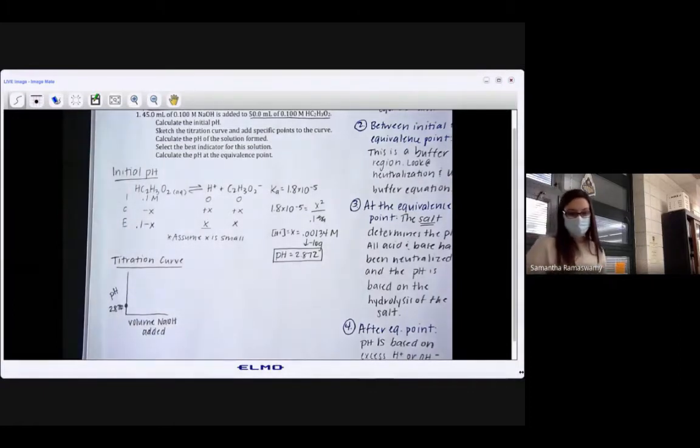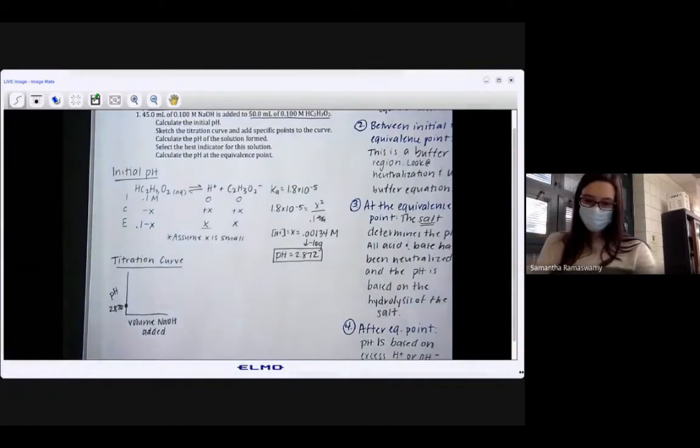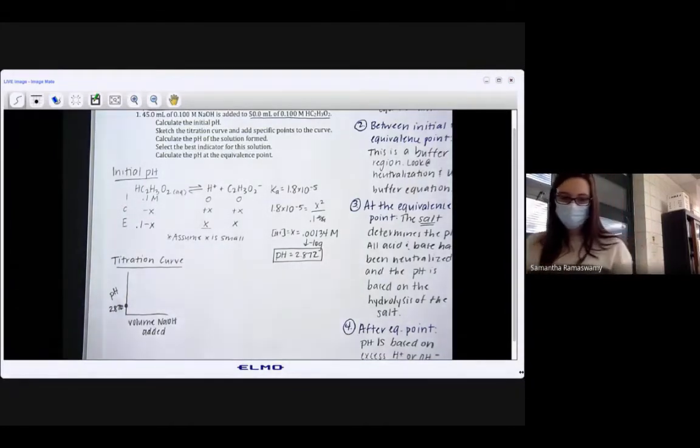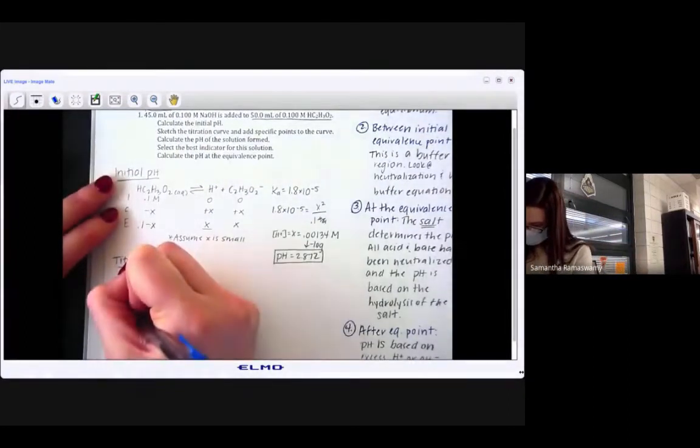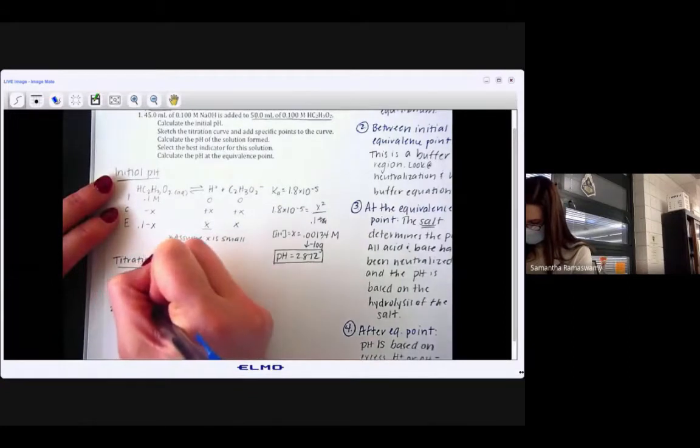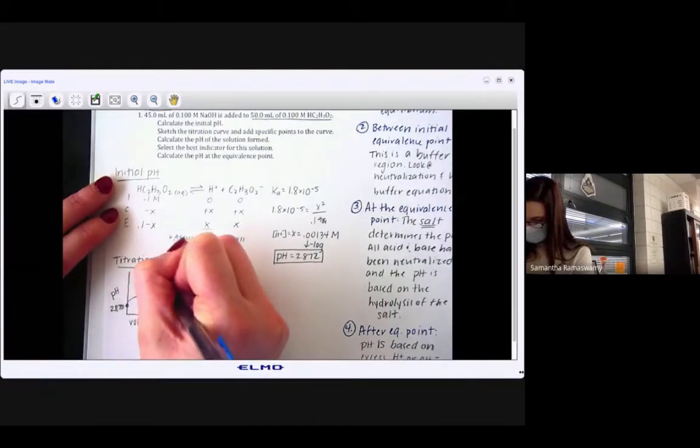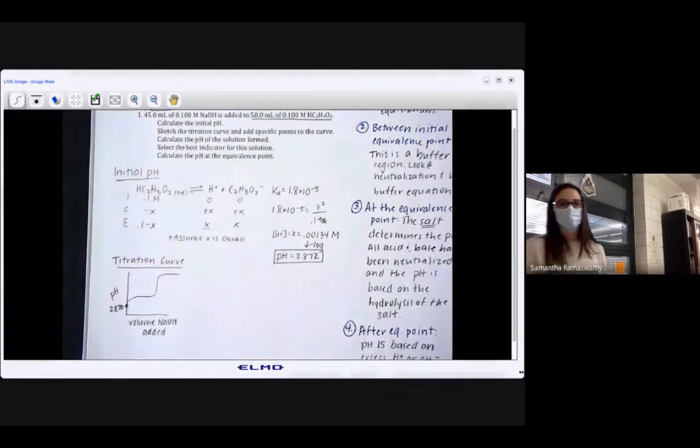And that's all we really have right now. So I'm just going to draw a general curve, what it looks like. So I know that I'm going to have this buffer region because it's weak strong. Then it will go up and it will plateau. Something kind of like this.